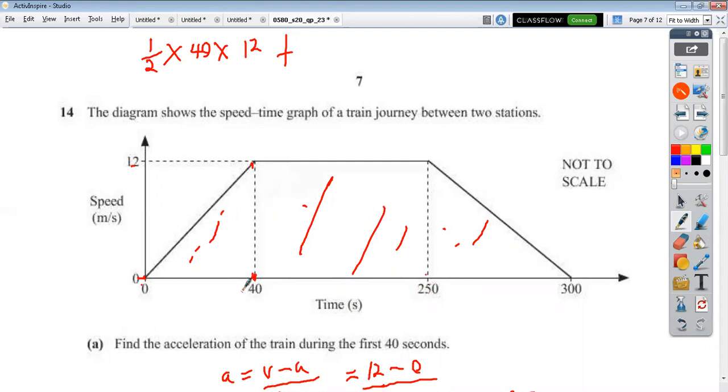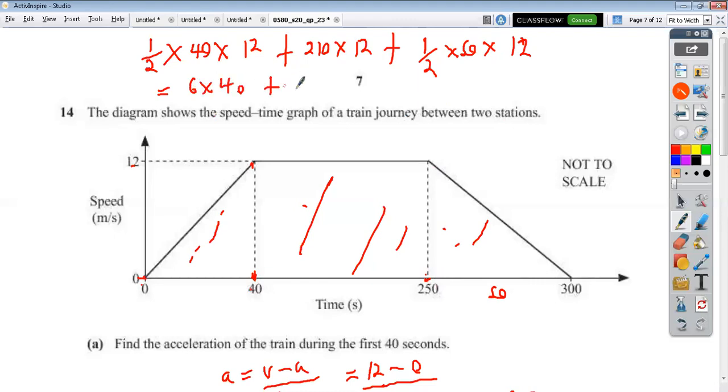It's 240 minus 40, which gives you 210. Multiply by the height going up, 12. Plus, this is a triangle, half. Our base is from that to that, which is 50. So multiply by 50, multiply by the same height, 12. Which is equal to half of that is 6 times 40 plus 210 times 12 plus half of that is 6 times 50.